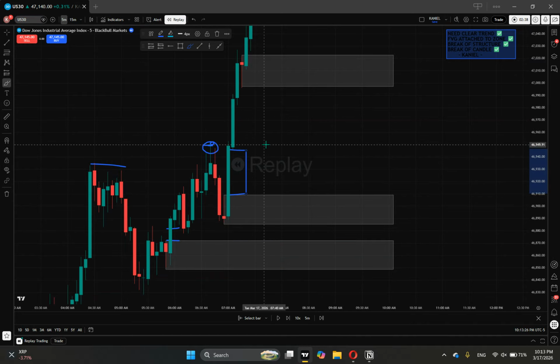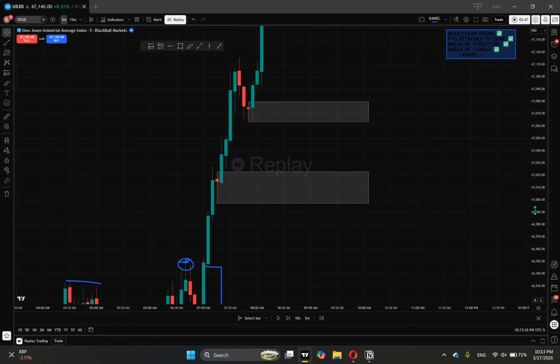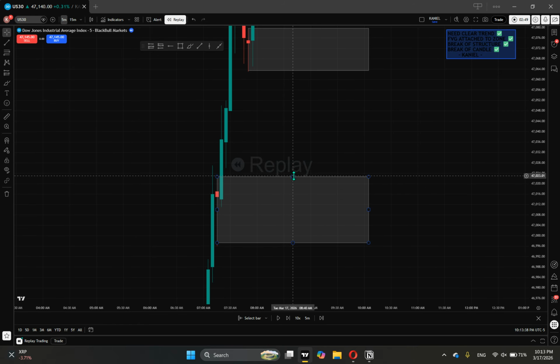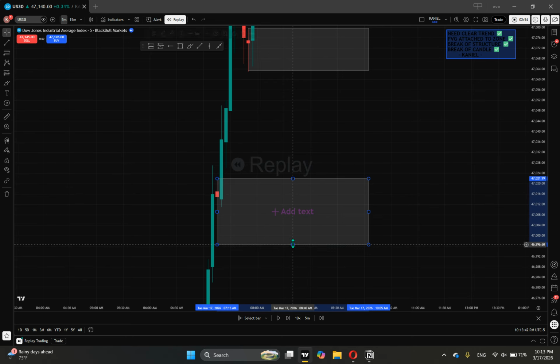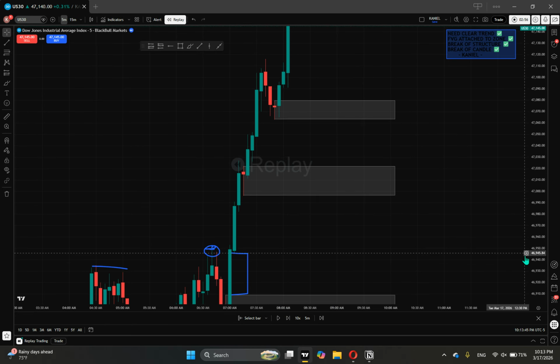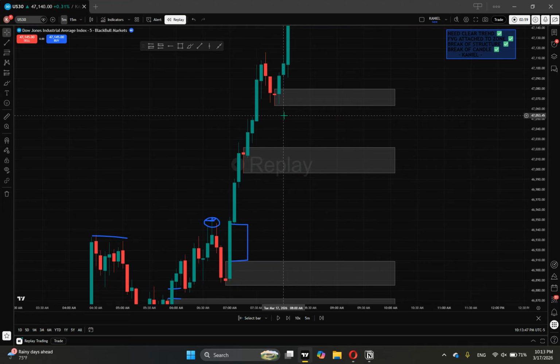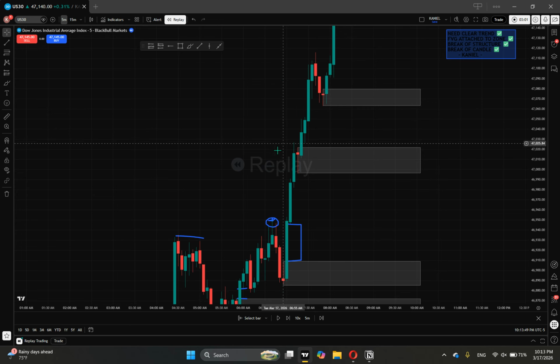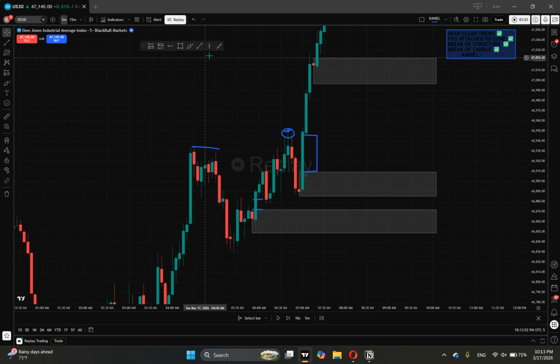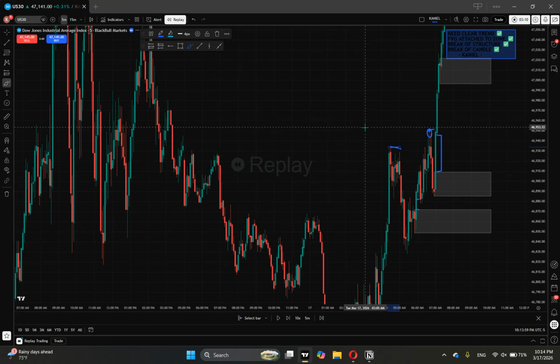So more than likely, when price fills the gap, it will give us a touch into the zone. Also, the break of structure for this, as you can see, price just kept going up and broke above this high right here and this high, the day's high.